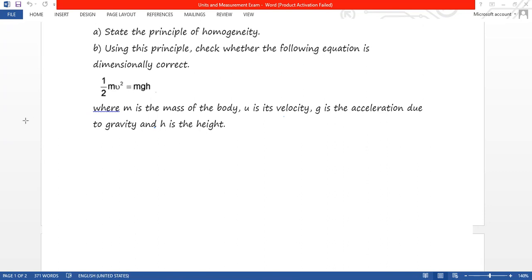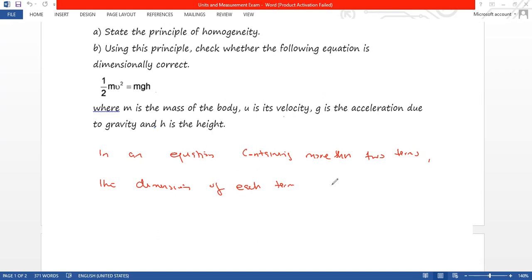In an equation containing more than two terms, the dimension of each term must be the same.